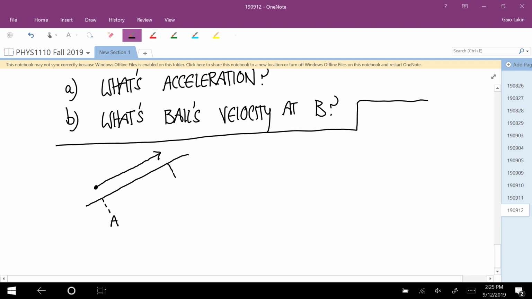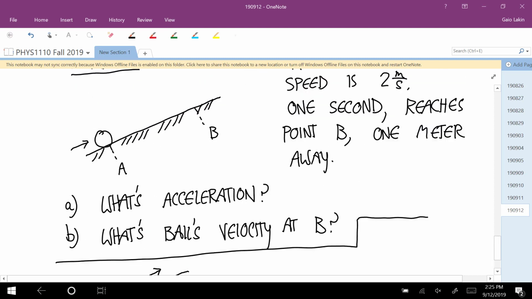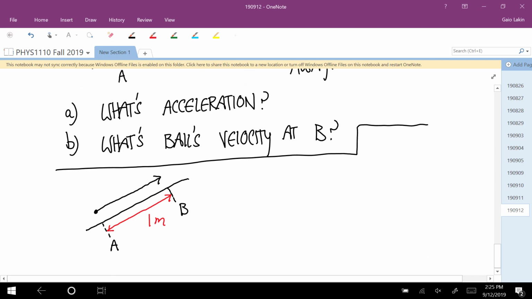This is the point A, and this is the point B. And we're given that the distance between those two is 1 meter. And we're told that the elapsed time here is 1 second. It takes 1 second to get from A to B.